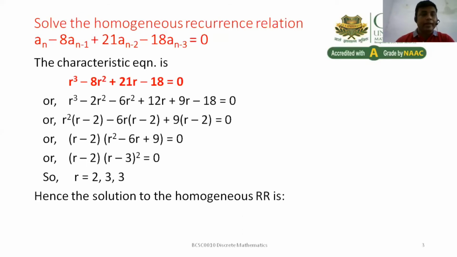And therefore, the corresponding solution to this homogeneous recurrence relation will be a_n equals a1 2 to the power n plus a2 3 to the power n plus n into a3 3 to the power n. Here we have multiplied this by n because this 3 is being repeated. So this way we can solve any homogeneous recurrence relation.